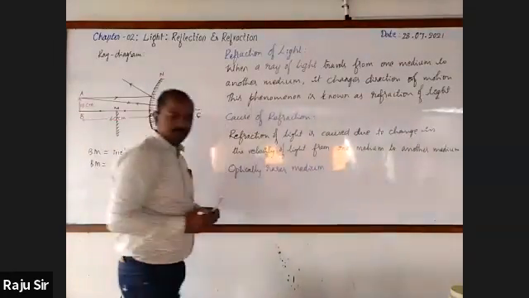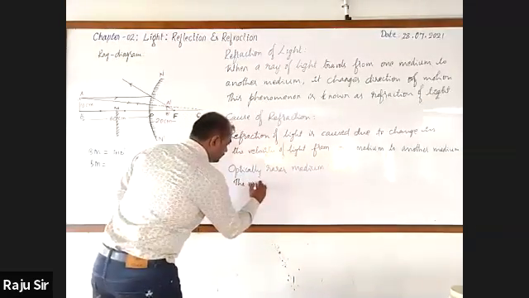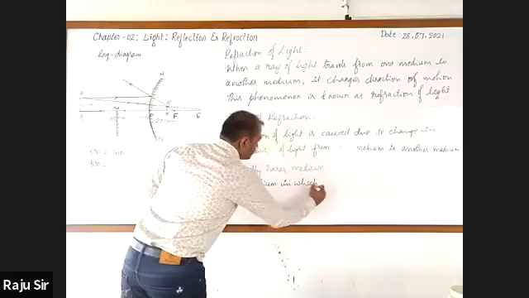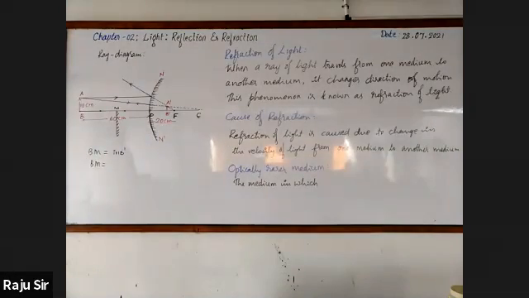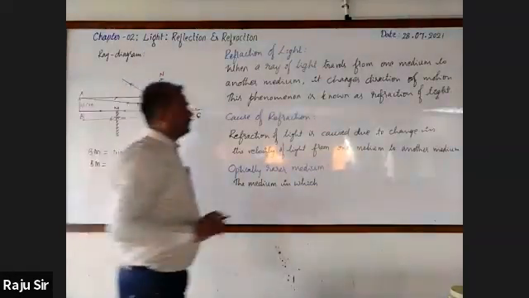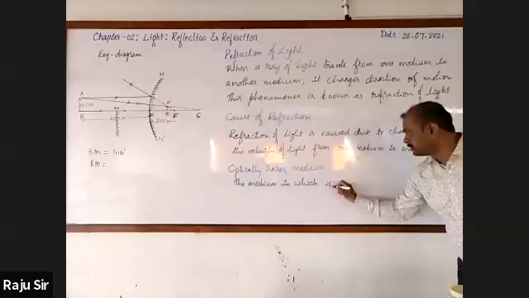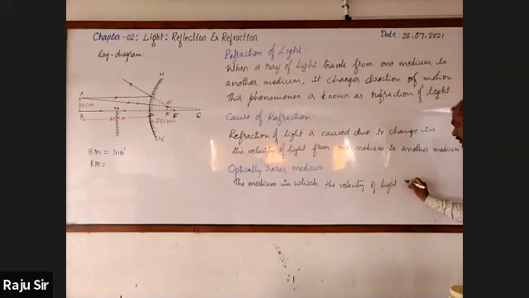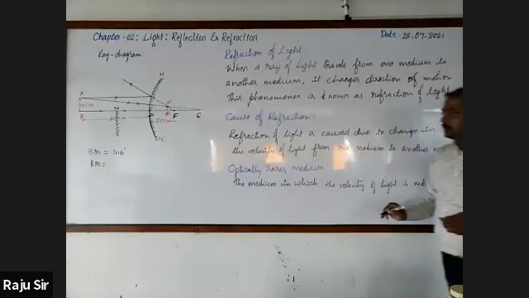Optically rarer medium: the medium in which the velocity of light is more is called optically rarer medium.